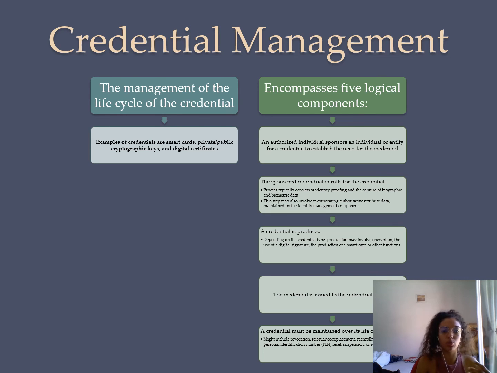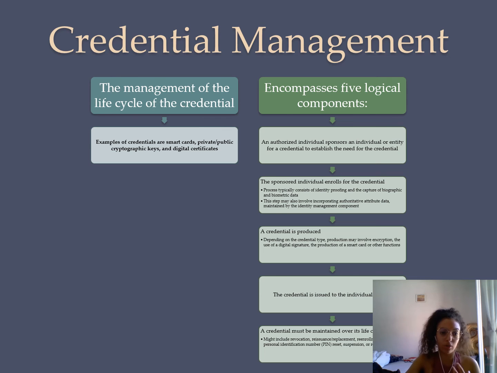First is when you establish the need for the credential, for example, a department supervisor sponsors a department employee. Second, we have the enrollment, where the sponsored individual enrolls for the credential, a process which typically consists of identity proofing and the capture of biographic and biometric data.